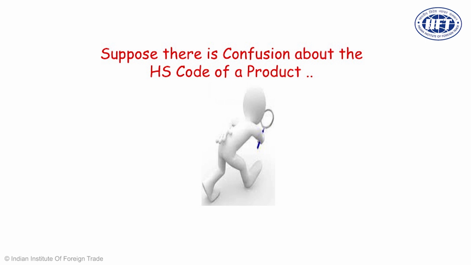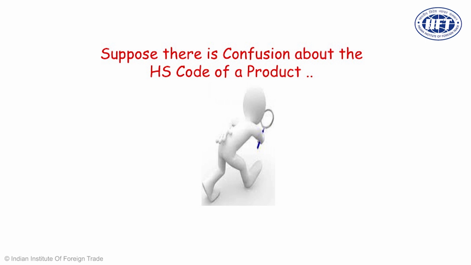For that, you have to apply your logic. Which one is more important? It is the material content or the usage or function by which a particular code would be applied for a product. I will take one example here.